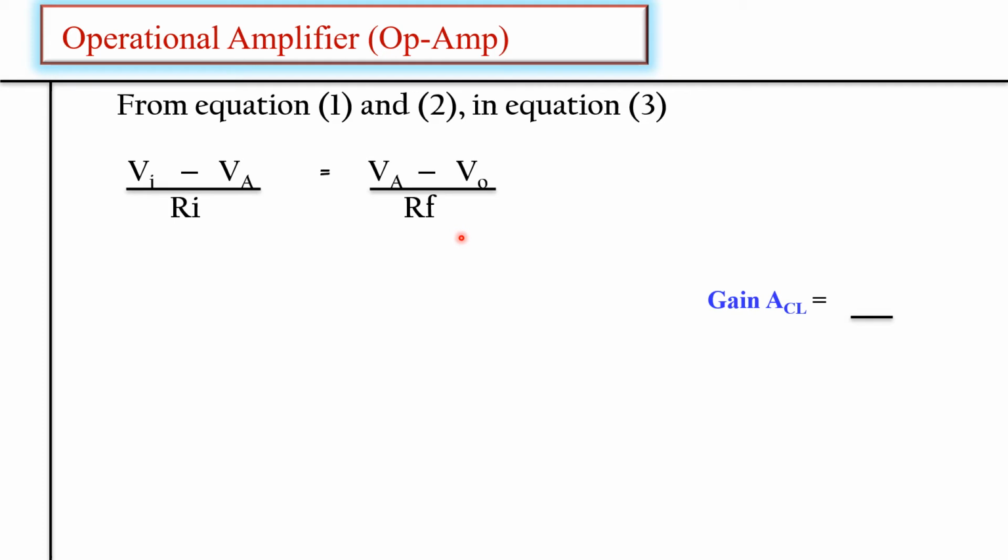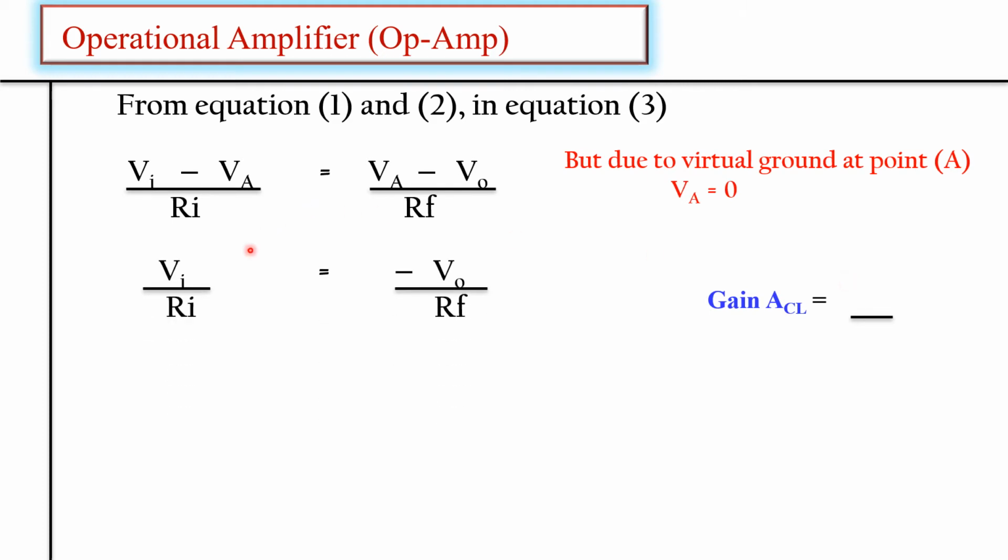Because no current is flowing through the op-amp, because the input impedance of the op-amp is high. Now due to the virtual ground concept, I will explain in detail what we mean by virtual ground concept. At point A, Va is equal to 0. So substituting Va equals 0, what do we get? Vi upon Ri equals minus Vo upon Rf, right?